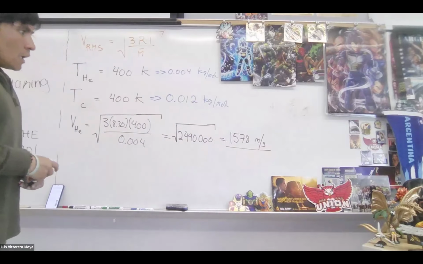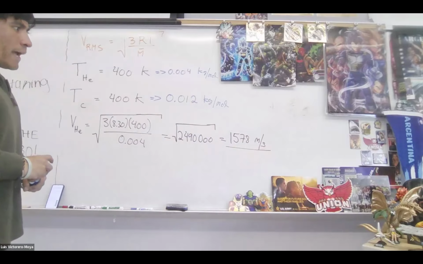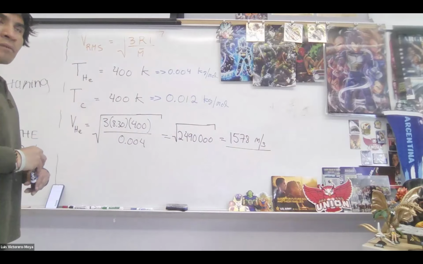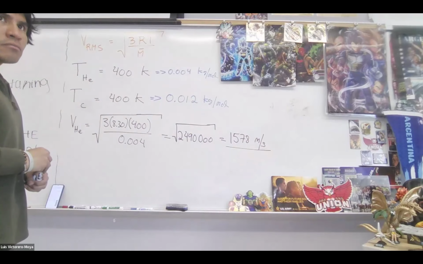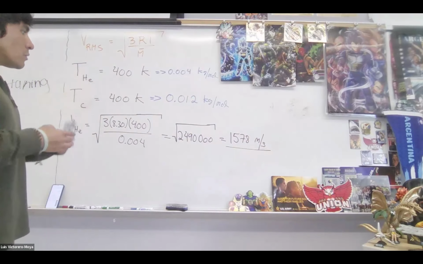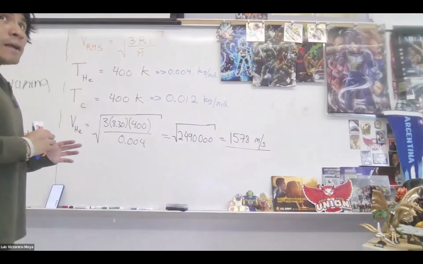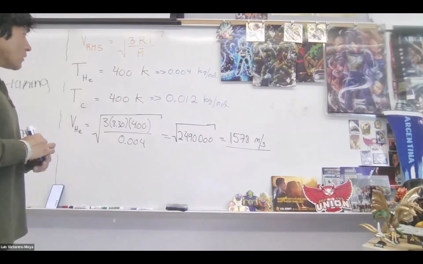As a reference, the escape velocity for Earth is about 11 kilometers per second. So at a higher temperature, 400 kelvins is about 120 Celsius, you can probably reach values where the molecule can escape.